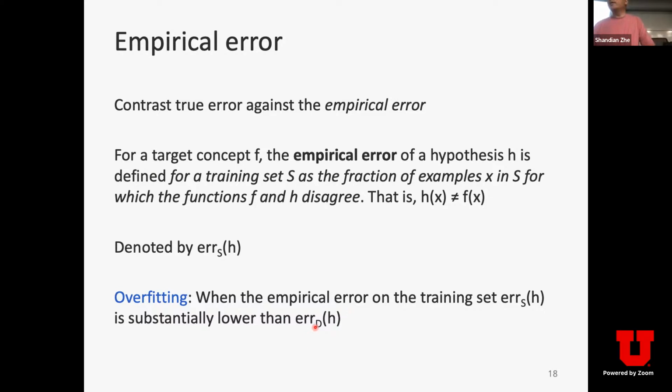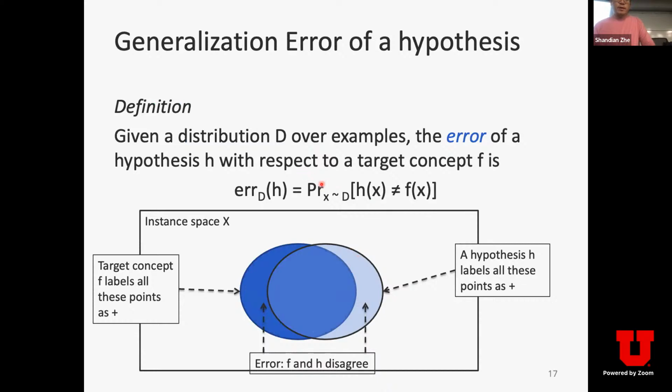Why is it a constant? Because the data distribution is fixed. You're actually calculating, under this probability distribution, the chance that H(X) is not equal to F(X).